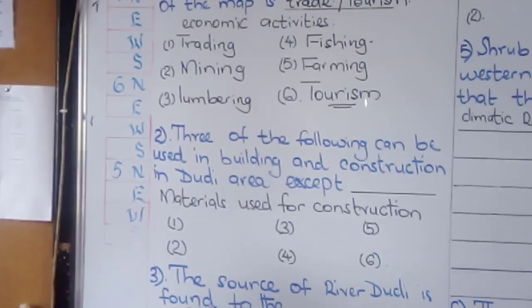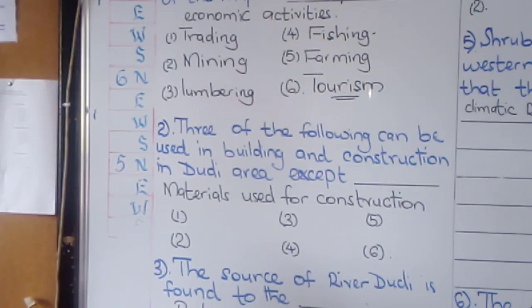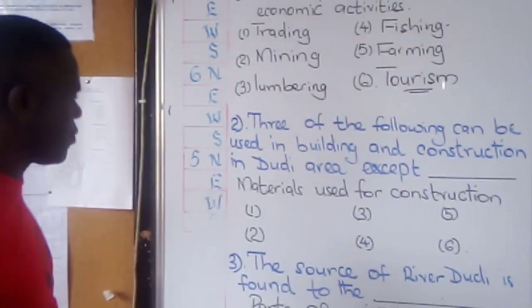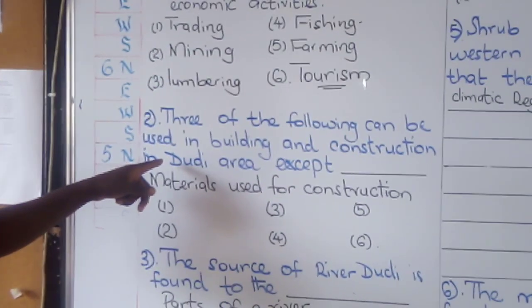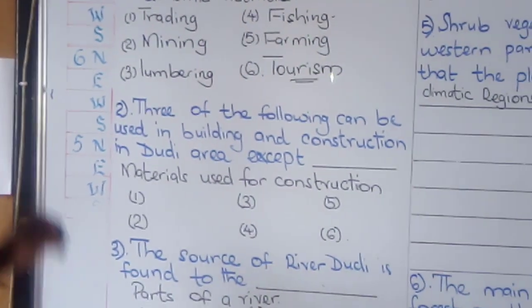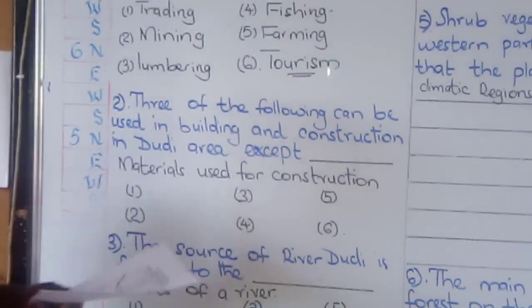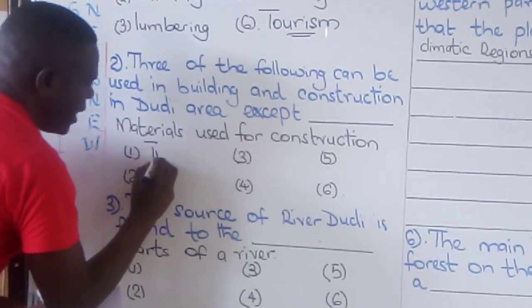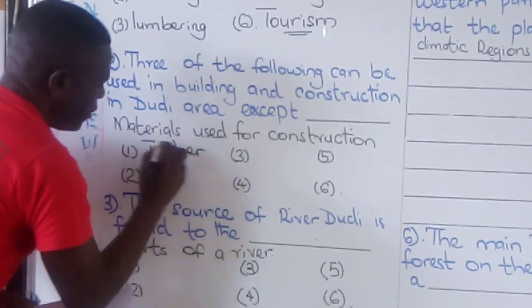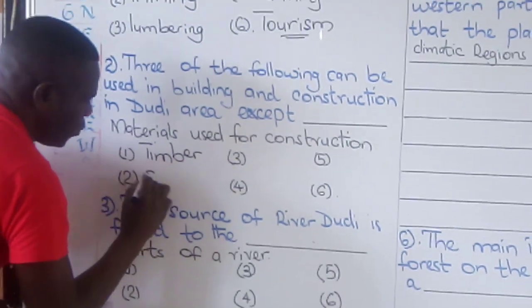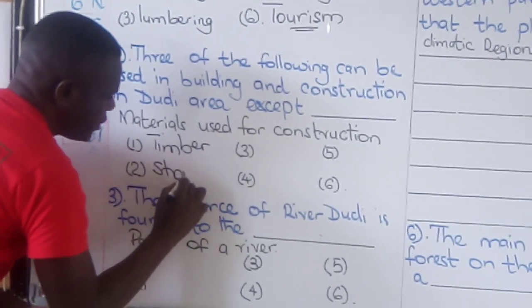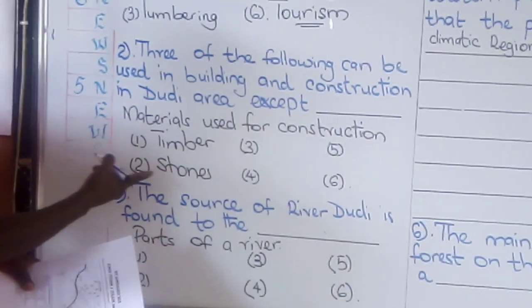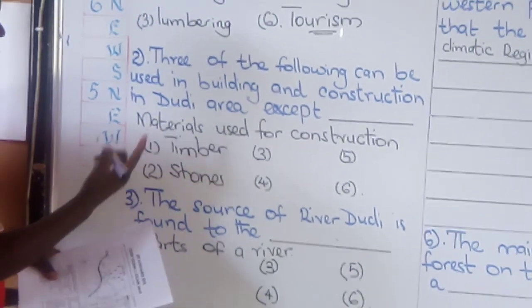Number 2: three of the following can be used in building and construction in the area, except what can be used. Let's list down some of the building materials that we have. I know we have timber as a building material. I know you have stones. Stones must be got from a quarry.